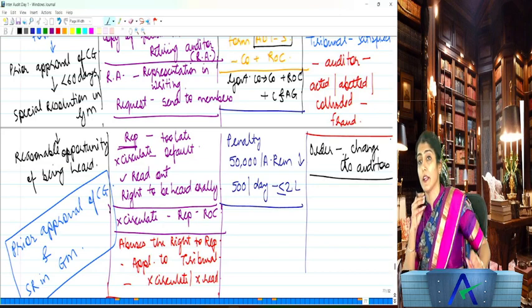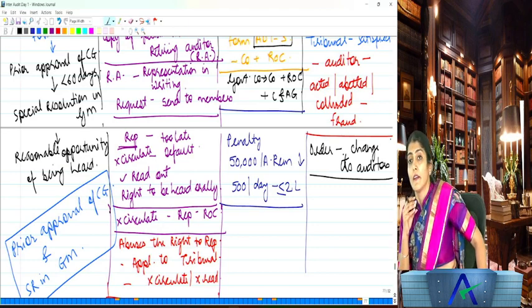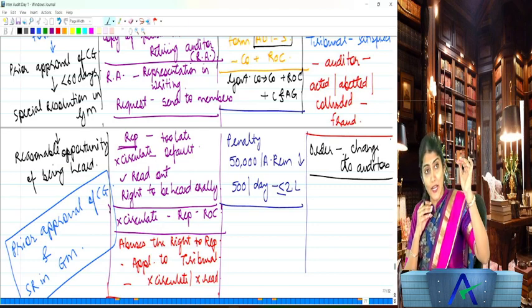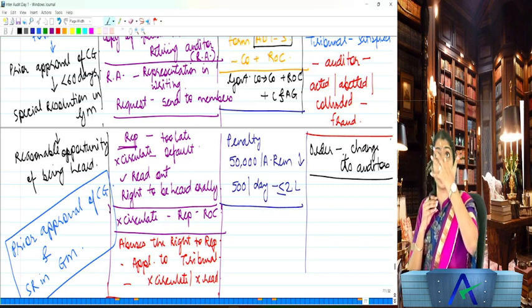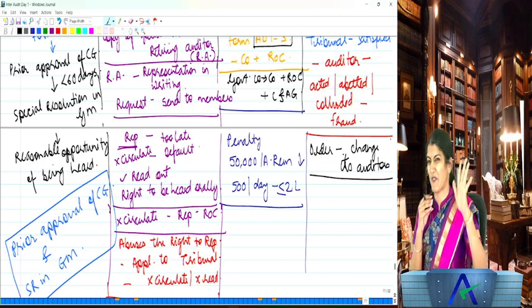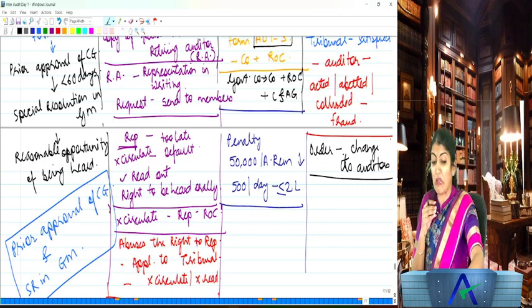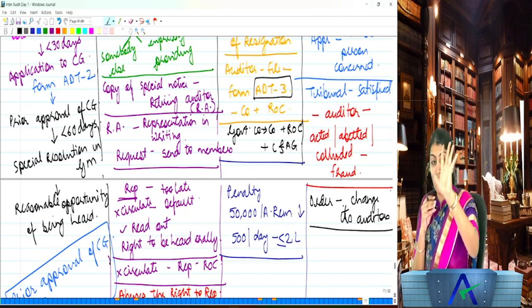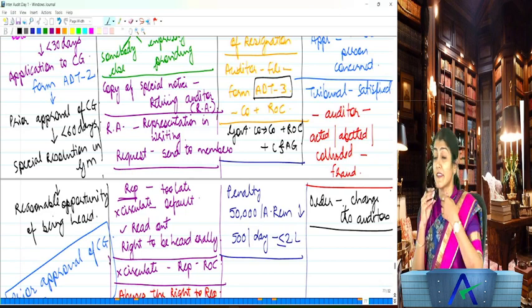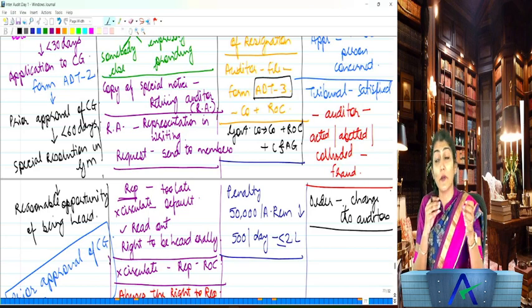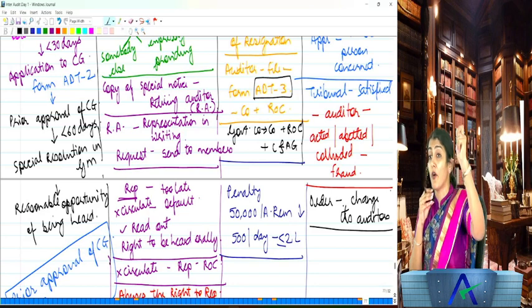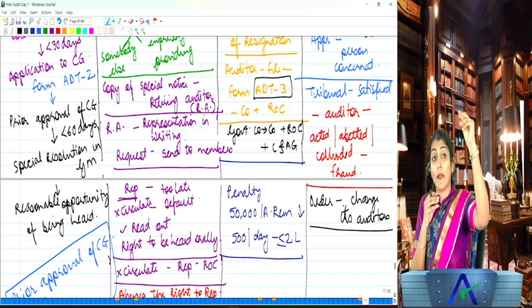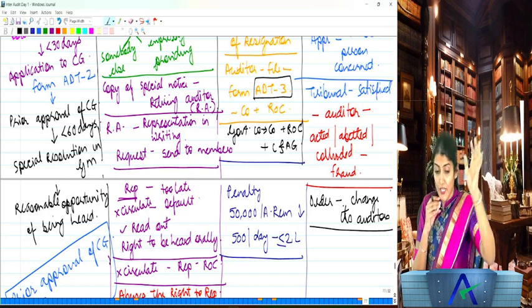The tribunal, either suo motu or based on an application received from central government or any person concerned, is satisfied that the auditor acted in a fraudulent manner or abated, assisted, colluded, participated in any fraud by or in relation to the company or its directors or officers. The tribunal may by order direct the company to change its auditors.